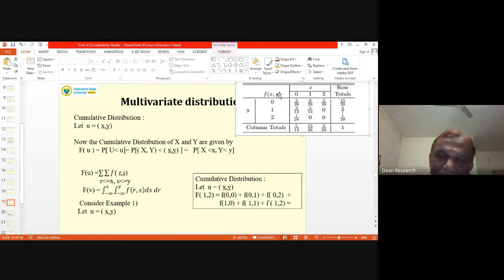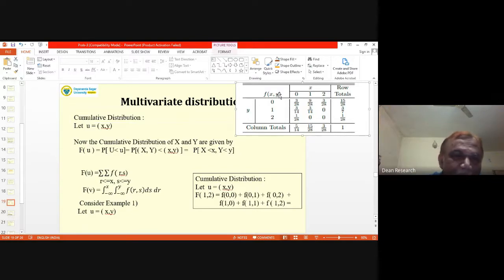In the discrete case, it runs from the least value of x till small x. In the continuous case, we integrate from the least value, which could be minus infinity or 0, depending on the formula for f of x, up to small x. Upper limit is small x. That's how we define the cumulative distribution in the case of a single discrete and continuous variable respectively.